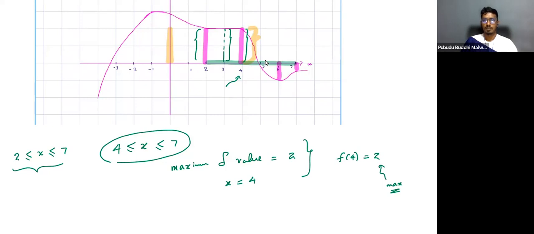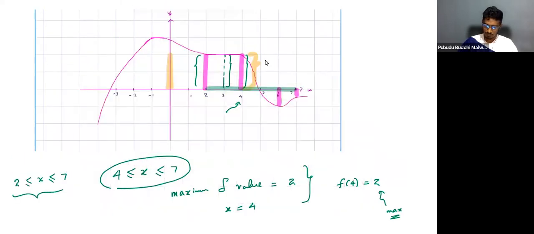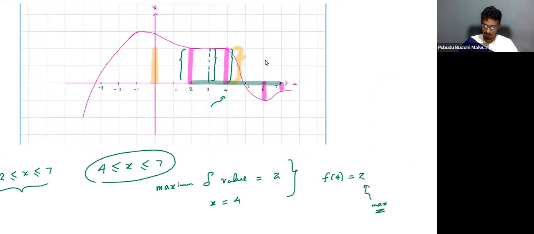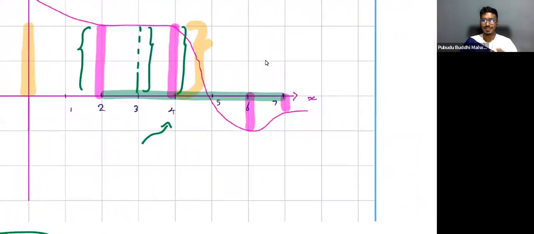Similarly, for that same interval, let's compute the minimum. 4 to 7, the minimum for that interval. I think it's very obvious. So clearly we are focusing on negative values, right? Because for the minimum, I think the lowest point is this one.